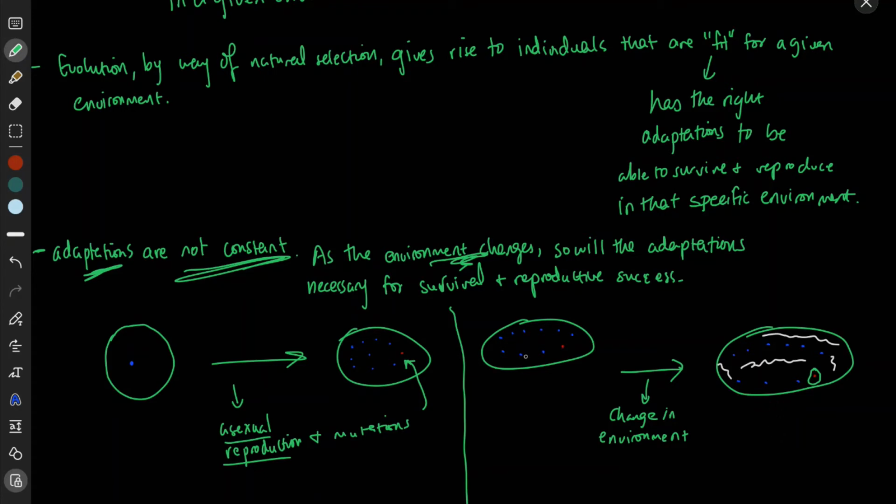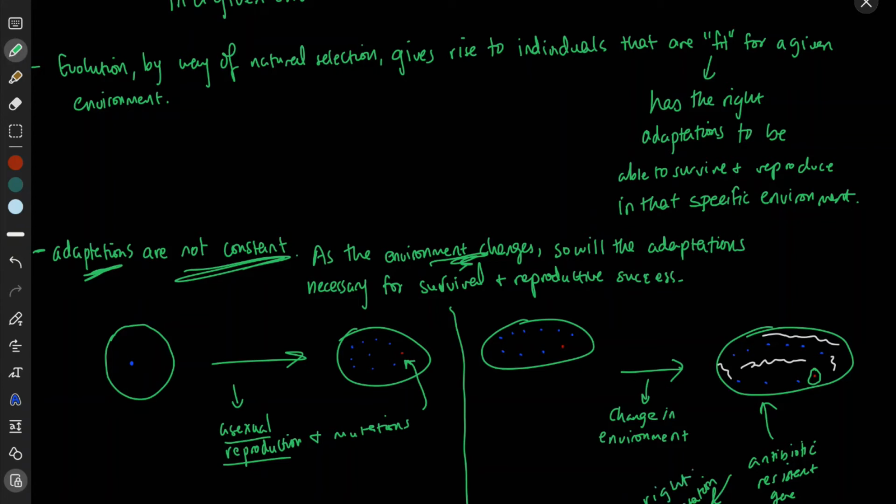here. Over here, there was not a great deal of adaptations necessary to survive, right? Whereas over here, the adaptation necessary is going to be that antibiotic resistant gene. Now this is the adaptation, or the right adaptation, right?